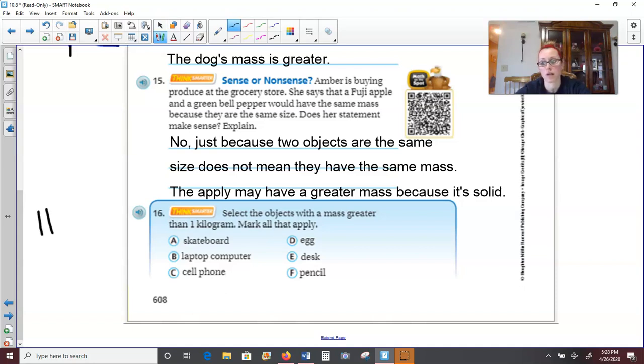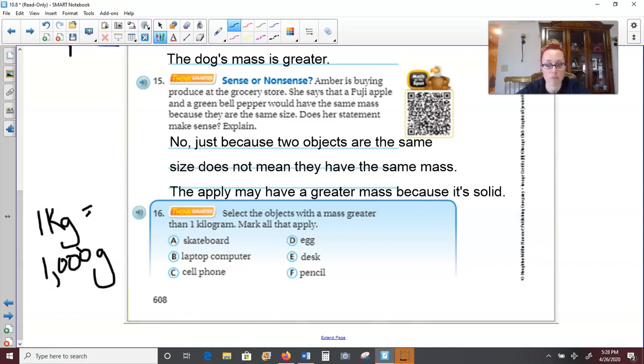Okay, so 1 kg equals 1,000 grams. Now, a gram is, like I said, a grape. Think of a grape for grams. And a kilogram is kind of like a pineapple. So what would be heavier than a kilogram, than a pineapple?